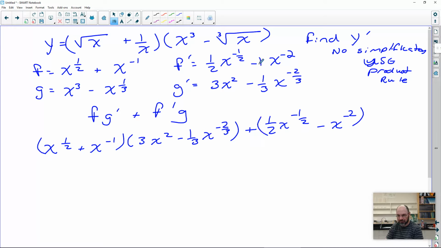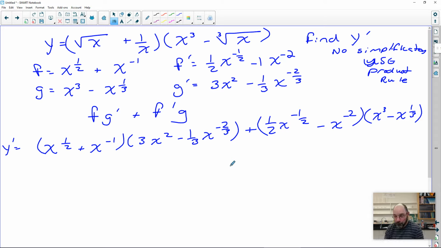You don't have to put the negative 1 in there, but you can if you want. And our last one is g, which was x cubed minus x to the 1/3. Simplifying this would be a nightmare, but that'll be university where you multiply everything out using FOIL. So that's our example.